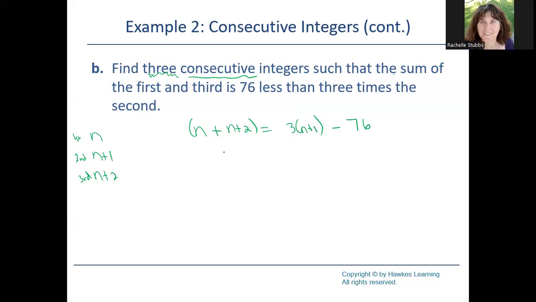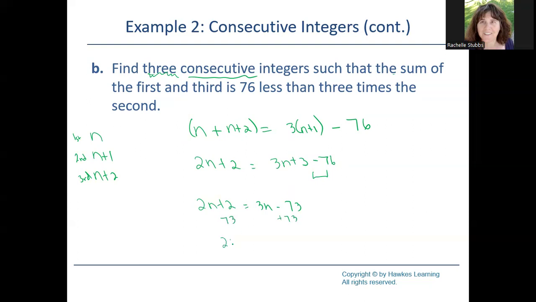So I've got collecting like terms over here, 2n plus 2. A distribution over here, 3n plus 3 minus 76. I can collect these like terms. So I have 2n plus 2 equals 3n minus 73. I think I'm going to add 73 to each side.